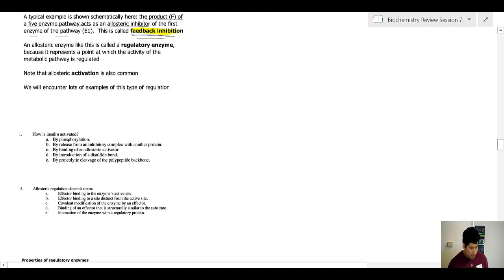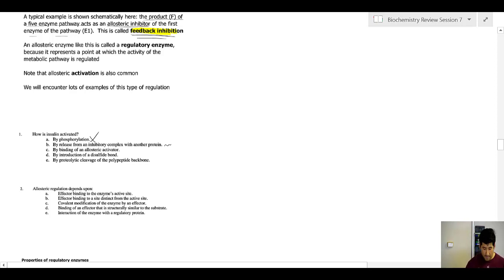Okay, so number 1, how is insulin activated? It's on your sheet. Is insulin activated by phosphorylation, yes or no? No. What about by the release of an inhibitory complex with another protein? Yes or no? It sounds a little right, so let's put a little squiggly line next to it.